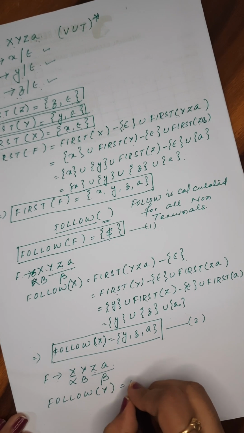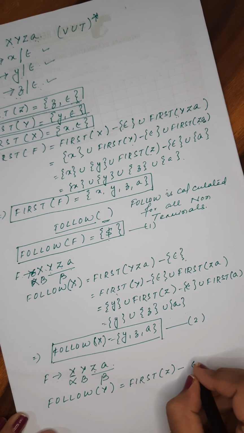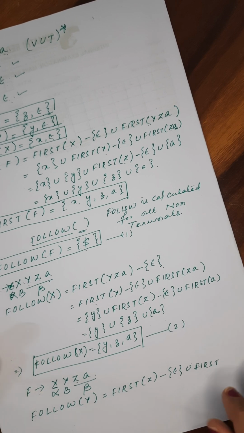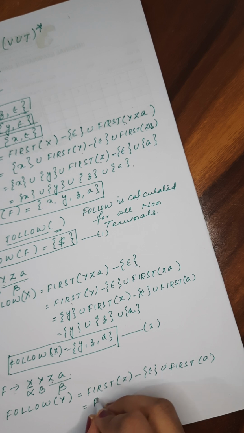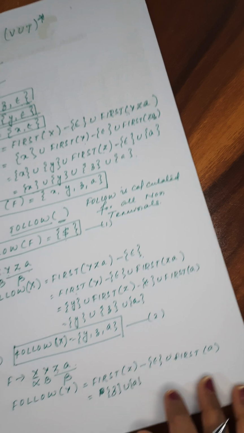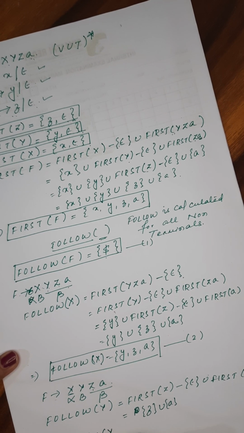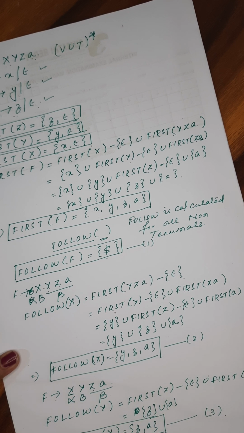So, it is equal to first of Z minus epsilon union first of A. That is equal to, first of Z is Z epsilon, so Z union A. So, now I can combine and write follow of Y is equal to Z, A. Now, again I am making it a box, and this is your equation number 3.